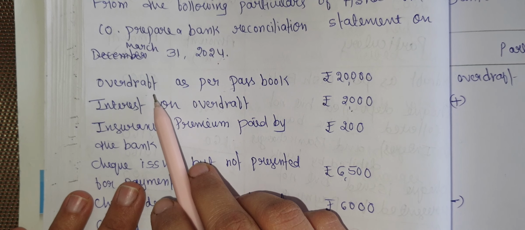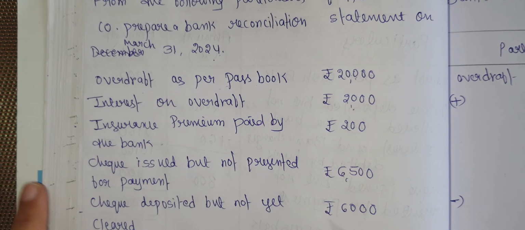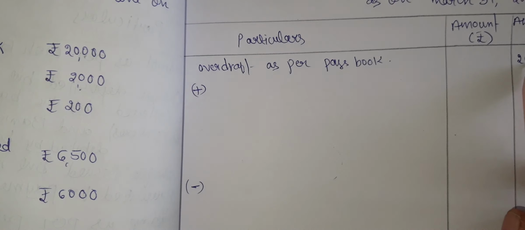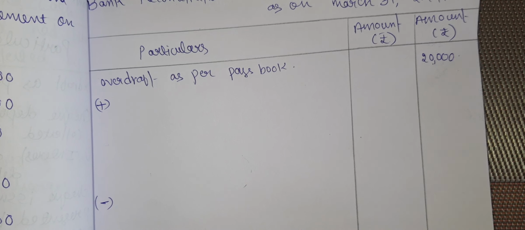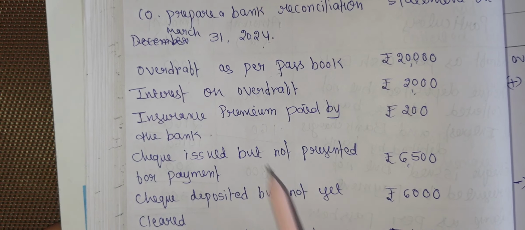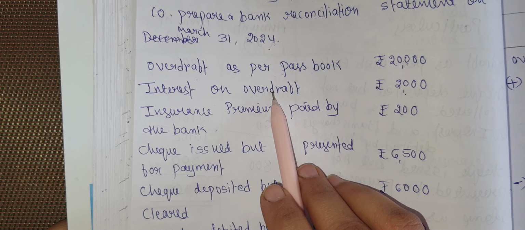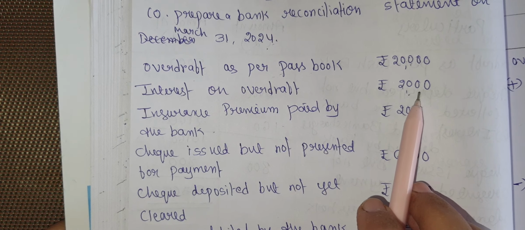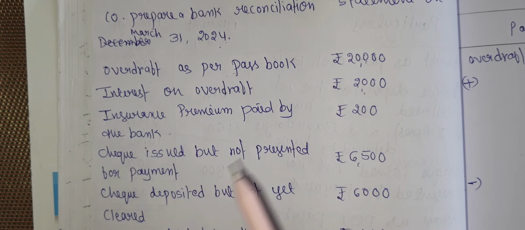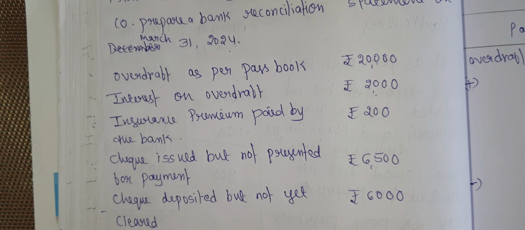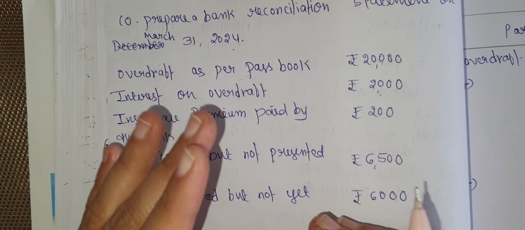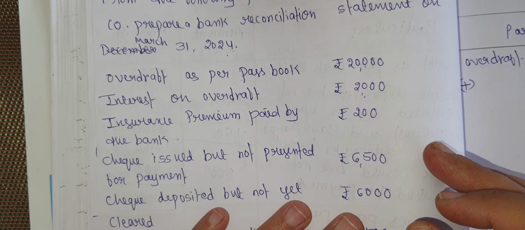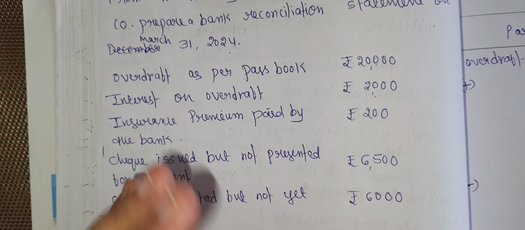See here, first what we have to do, write overdraft as per the passbook, that is rupees 20,000. And second transaction is interest on overdraft, that is rupees 2,000. Interest on overdraft, what does it mean? It means it is a charge that is imposed by the bank.